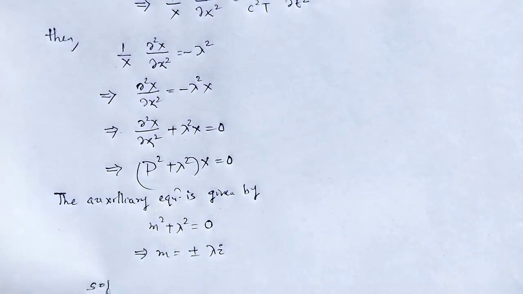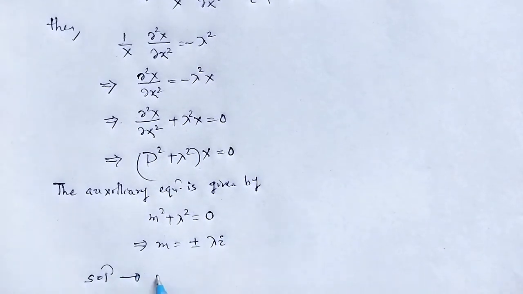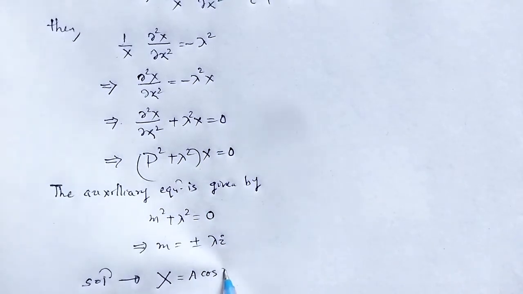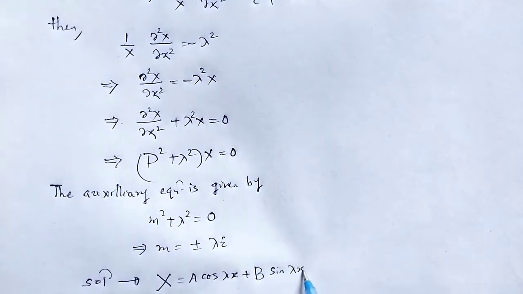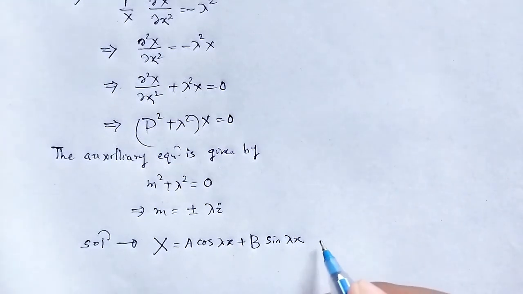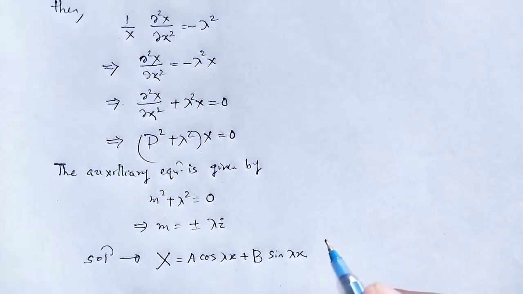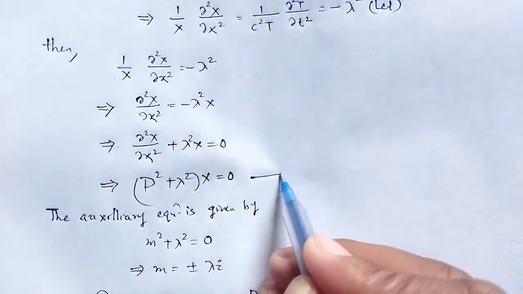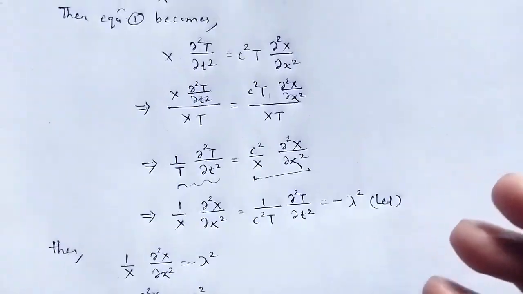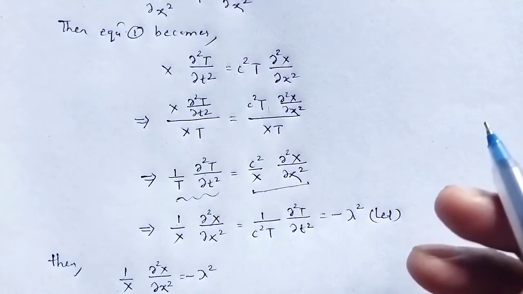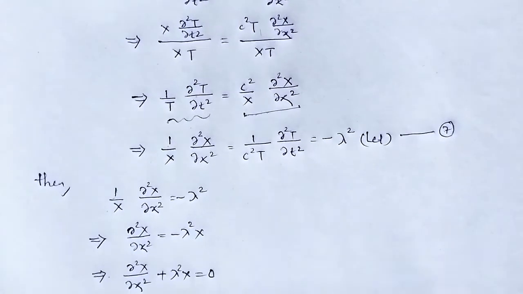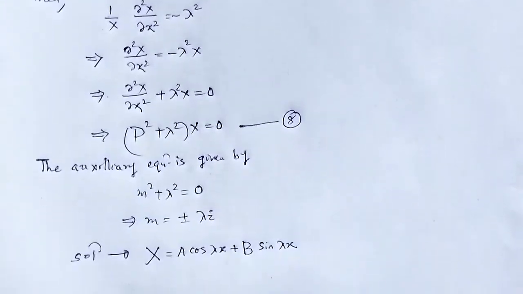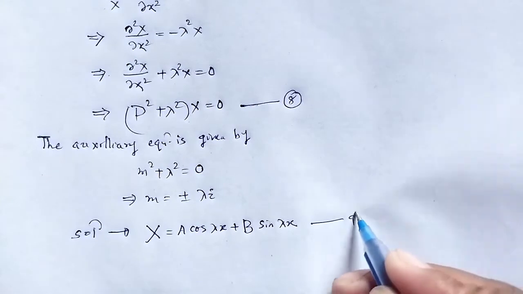Then the solution is written like this: X is equal to A cos lambda x plus B sin lambda x. Let me call that equation number 9.